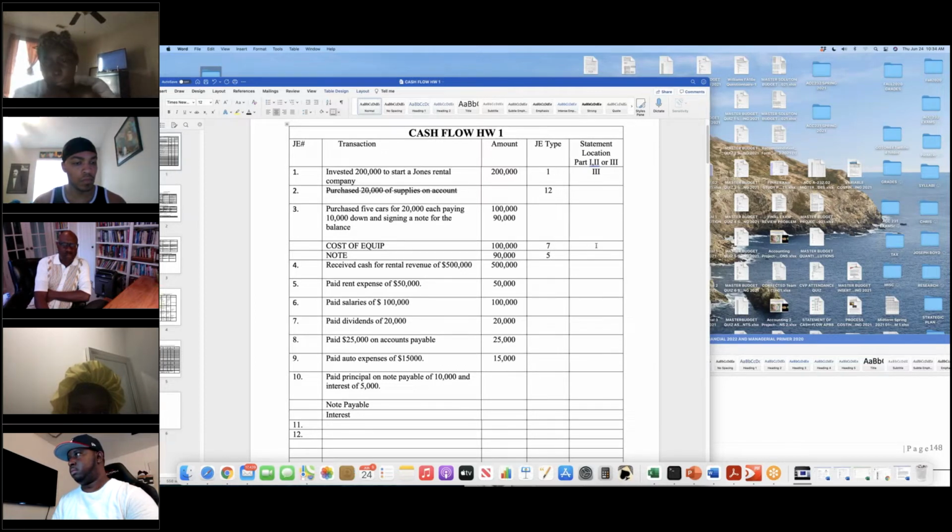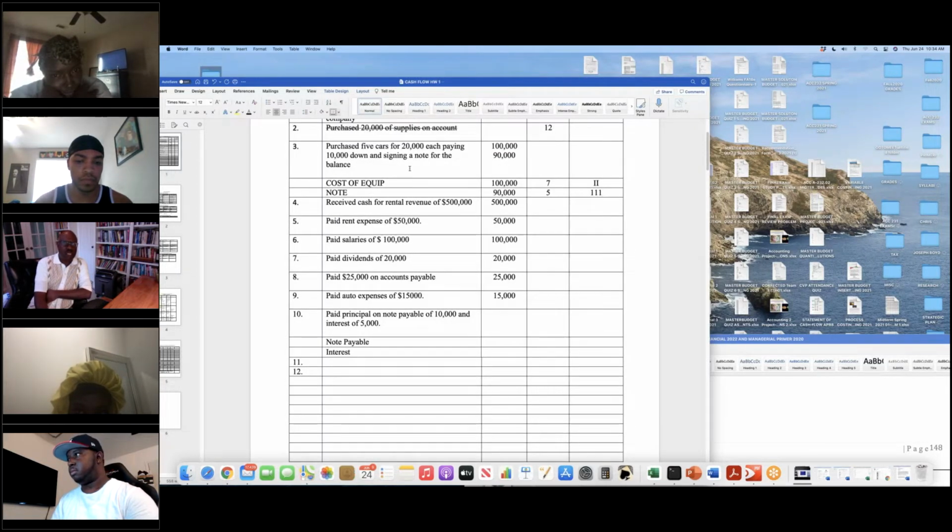And so we're going to put the 100,000 in what part? It's a long-term asset, so what part is it going in? 2. And then the note is going to go where? 3. So hopefully this kind of breaks this out. We could say the company spent $10,000, but that's not reflecting the fact that it has equipment of 100,000 and it owes 90.